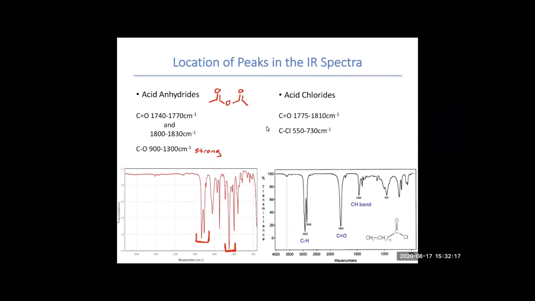And then you should also be able to see the carbon chlorine peak, which shows up from 550 to 730. So you can see here, this would be our carbon chlorine peak.